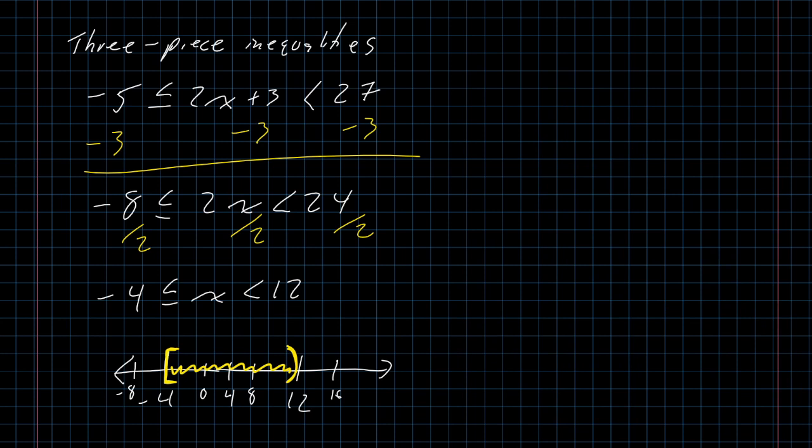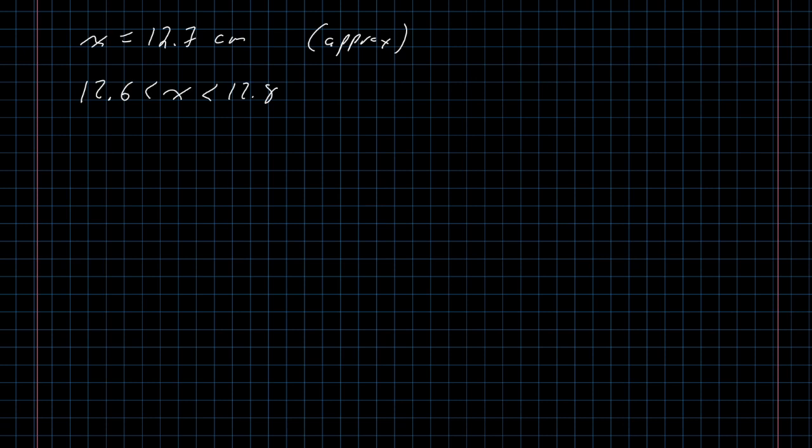The usual significant digits approach tells us that if we have a measurement like 12.7 centimeters, and let's go ahead and give that thing a label, we measured that x is 12.7 centimeters, the interpretation that we have used is that x is somewhere between 12.6 and 12.8.